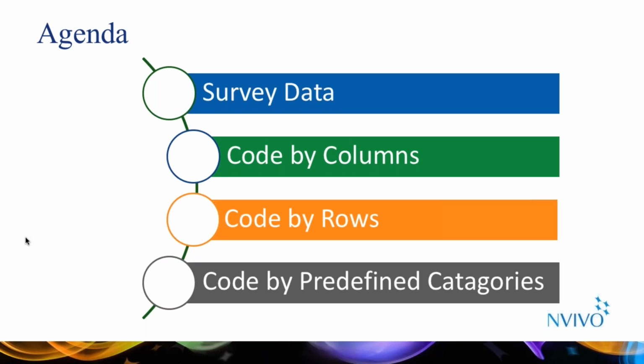And during that, talking about coding by rows, we'll also take a look at attaching attributes from the survey data. The other auto coding technique or ability is to code by predefined categories with Twitter or Facebook. And today, the example that I'll use will be a Twitter example.